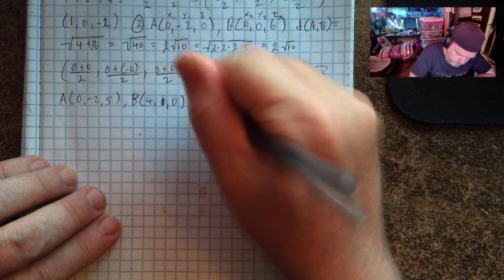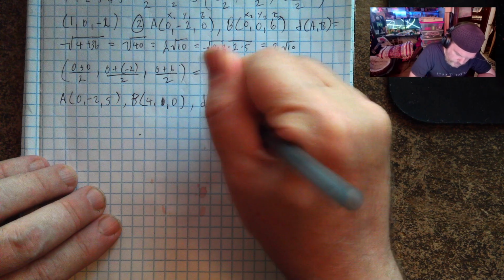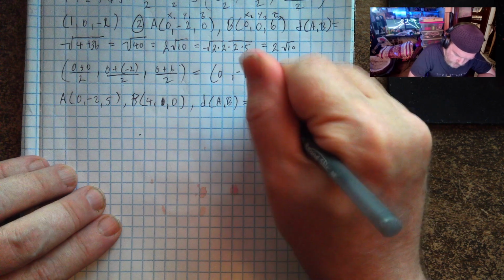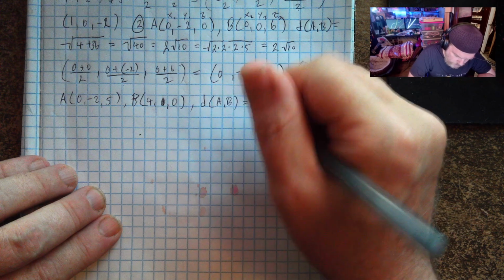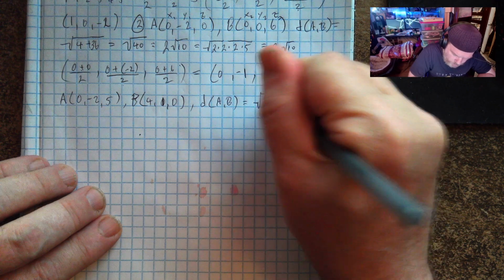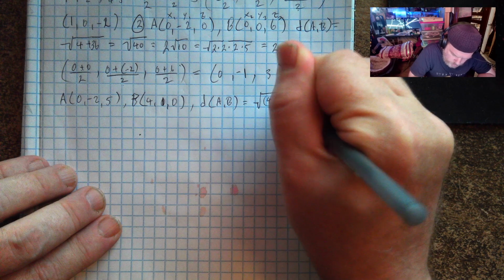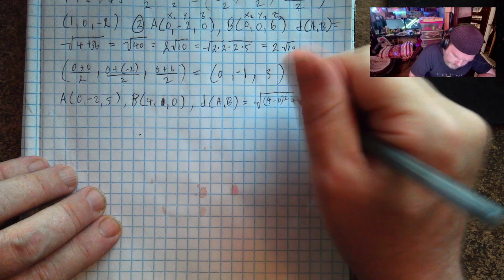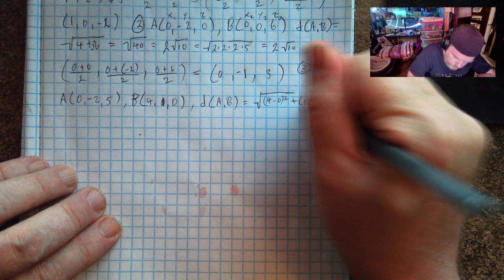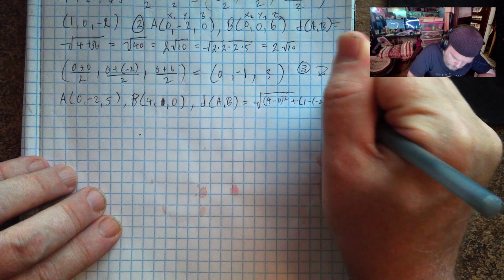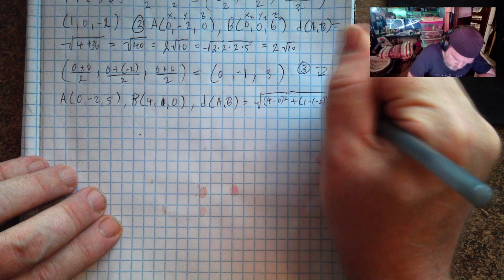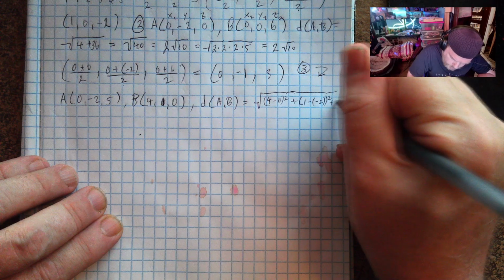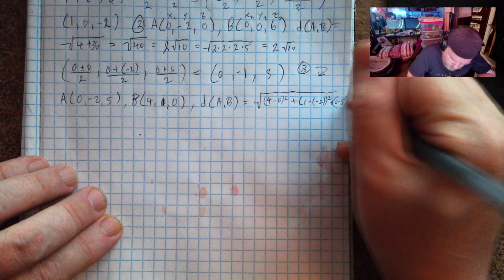So d(A, B), the distance from A to B, is equal to the square root of 4 minus 0 squared, plus 1 minus negative 2 squared, plus 0 minus 5 squared.